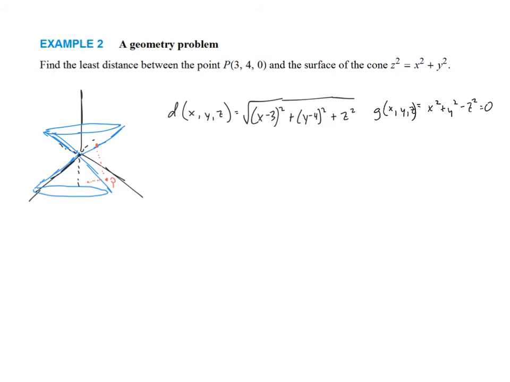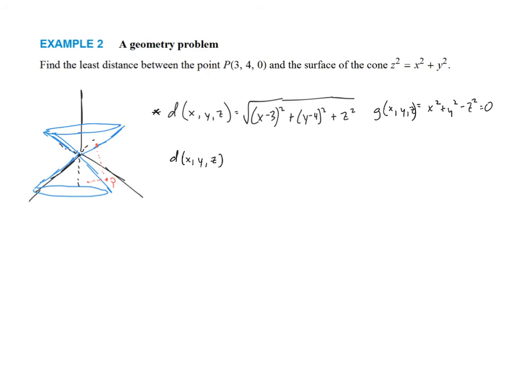But before we do the gradients, we're going to make one tweak to our function d here, the distance formula. The rationale is if we have a point that minimizes d squared, it also minimizes d. So we can still be mathematically accurate but have a much easier time doing the problem if we square both sides of this equation.